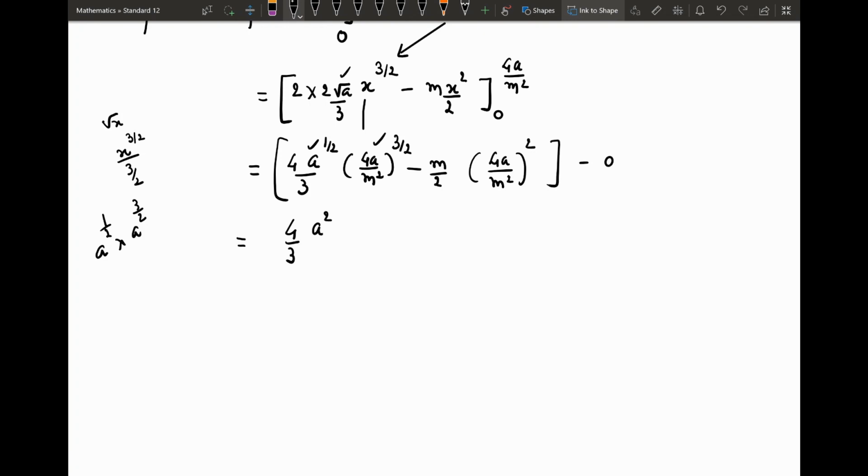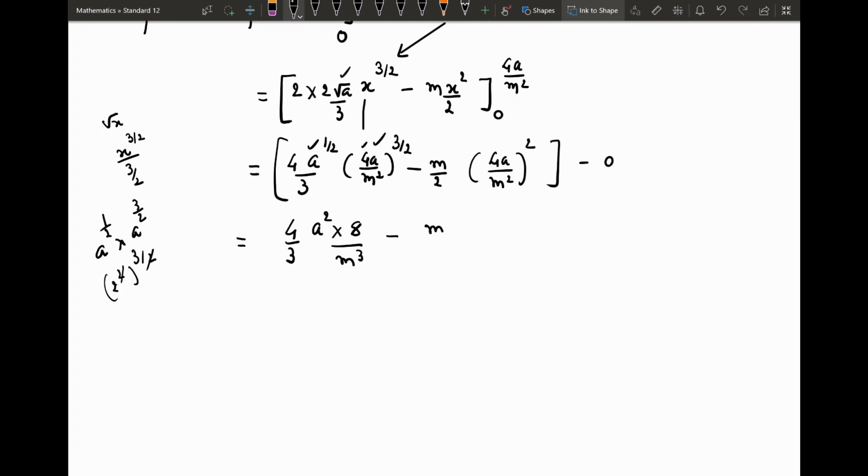Now 4 is 2 square, raised to 3 by 2 gives 8 upon m cube, so 4 into 8 is 32 a square upon m cube.